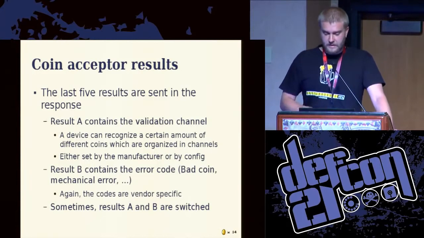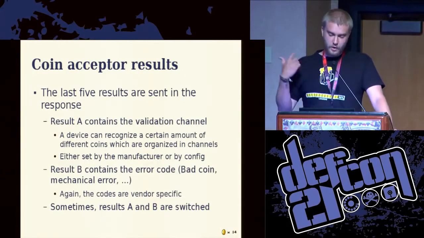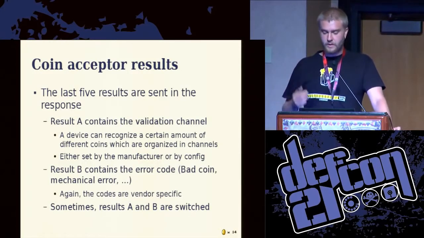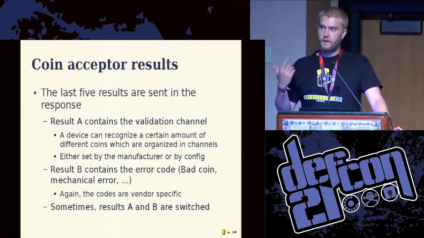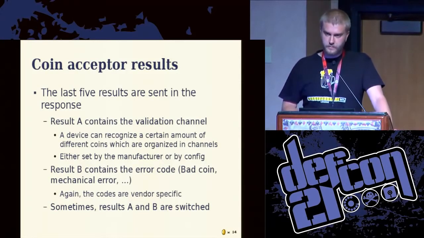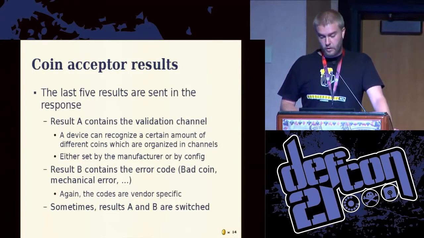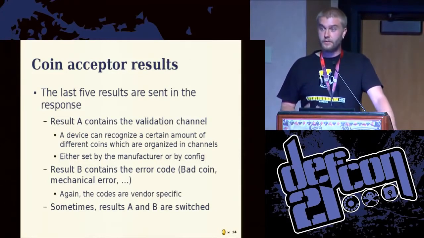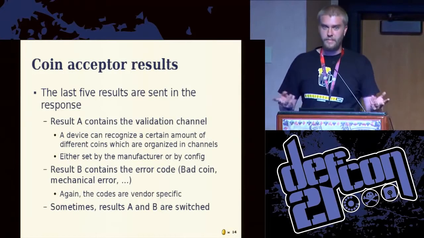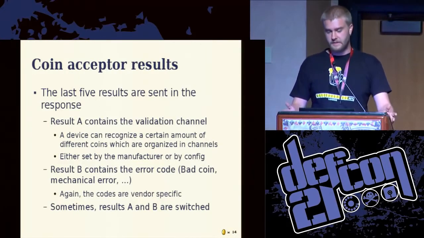The results are sent in 2 bytes, as I said. Normally the first result contains what is called the validation channel. On coin acceptors, you have validation channels. It's normally 16 ways or kinds of coins it can recognize, so you can make the device learn 16 different coins.